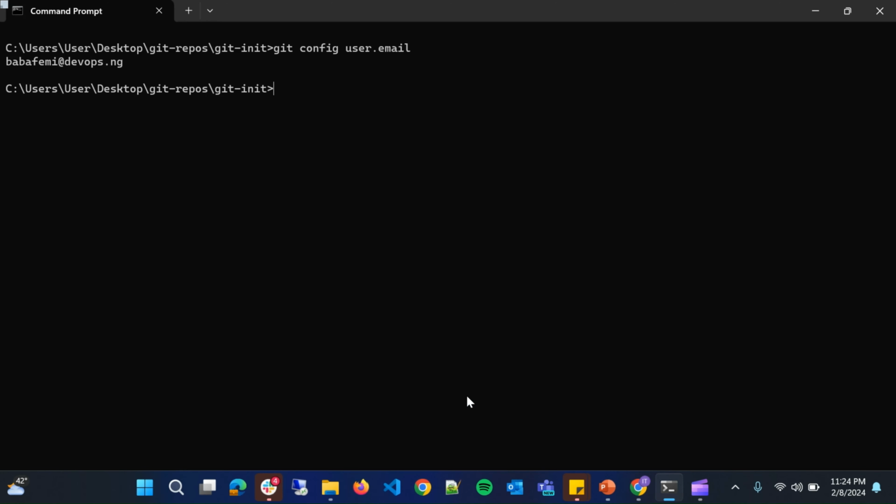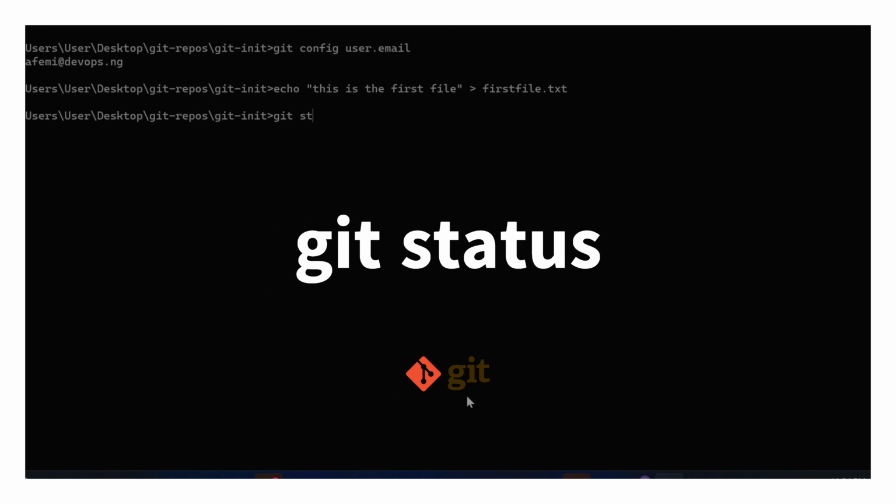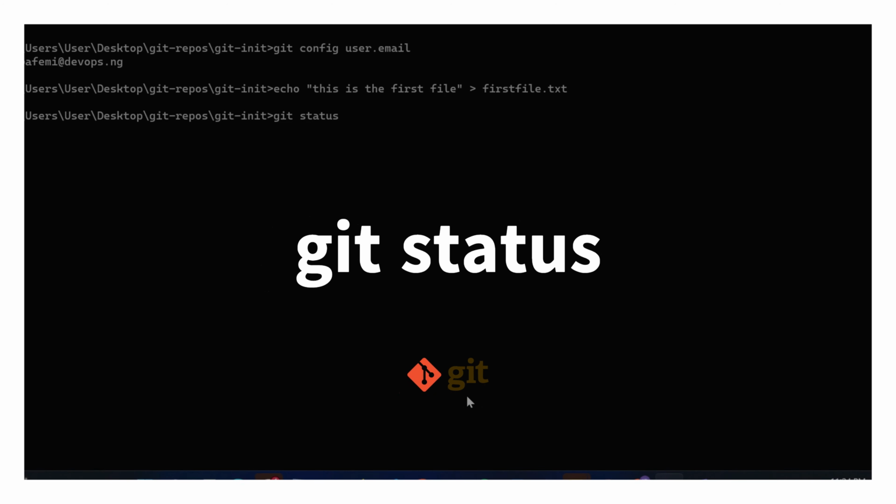In this particular repository, I'm going to do echo, this is the first file, and then give it a name, say first file.txt.